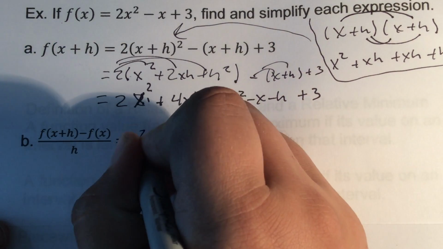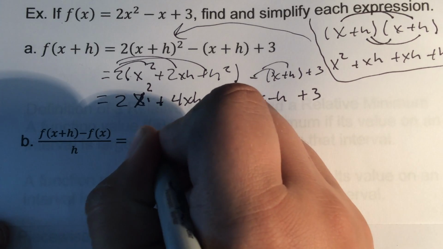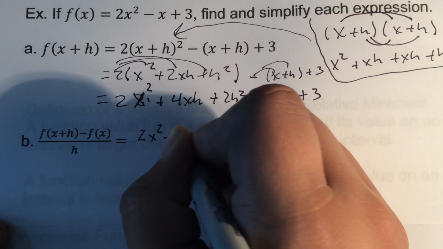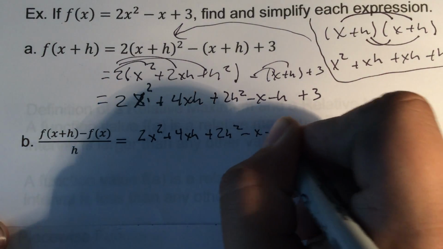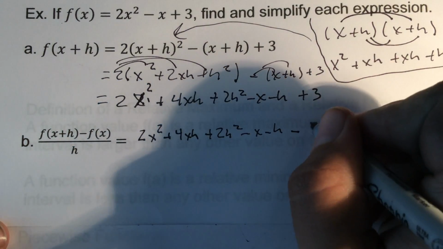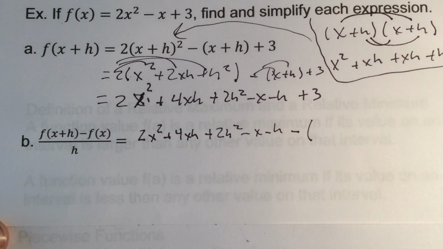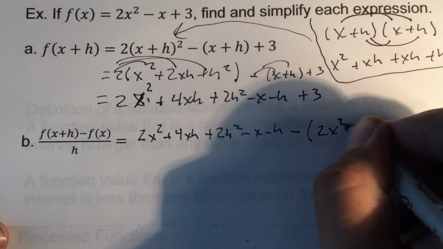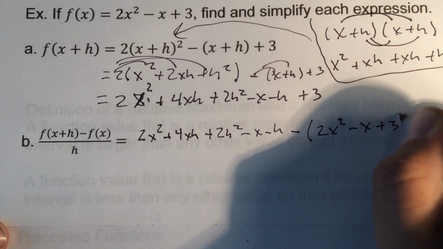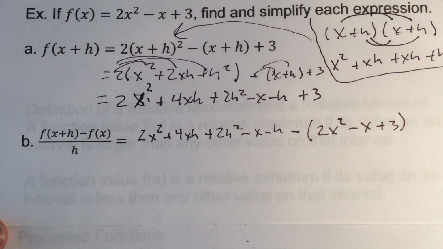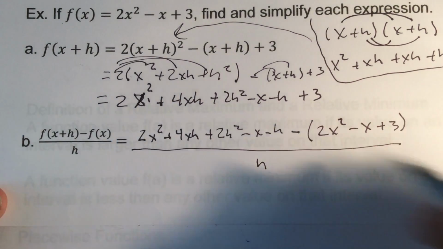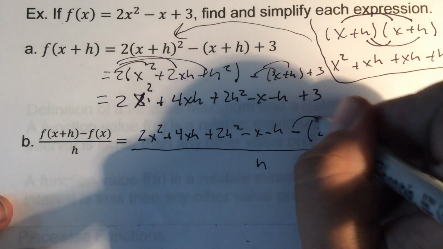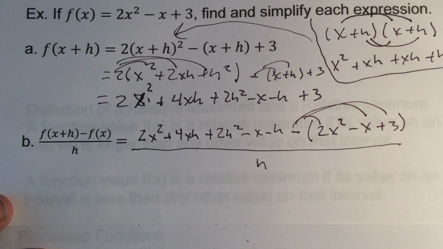So, we said the f of x plus h was 2x squared plus 4xh plus 2h squared minus x minus h, minus the original, which is 2x squared minus x plus 3. So the minus f of x means minus your original equation, and then we put it all over h. First thing we're going to do is distribute this negative through.